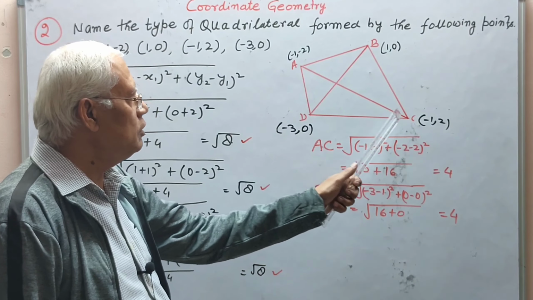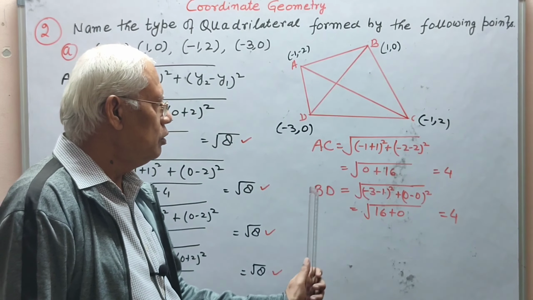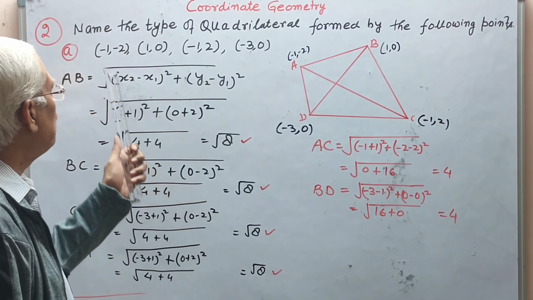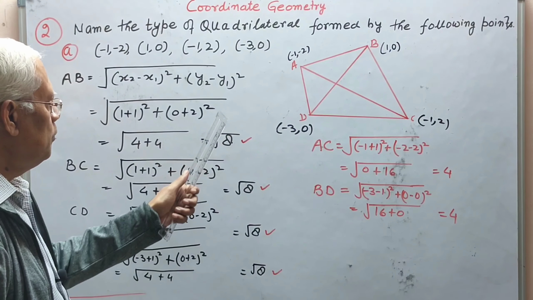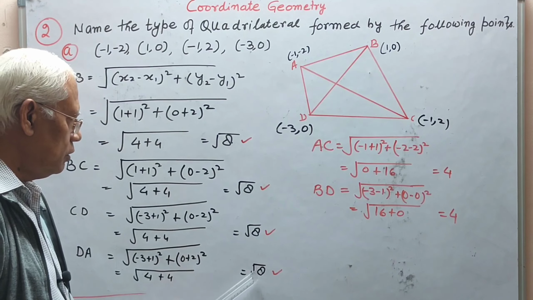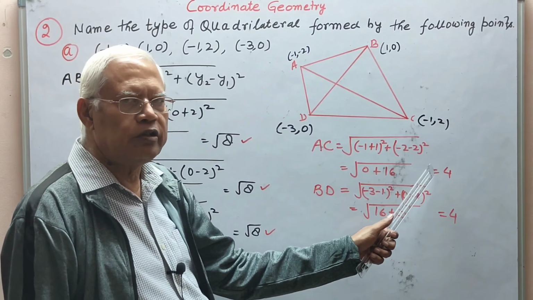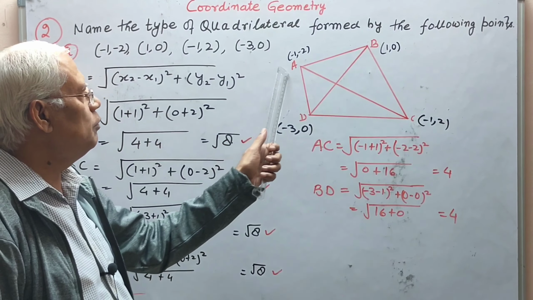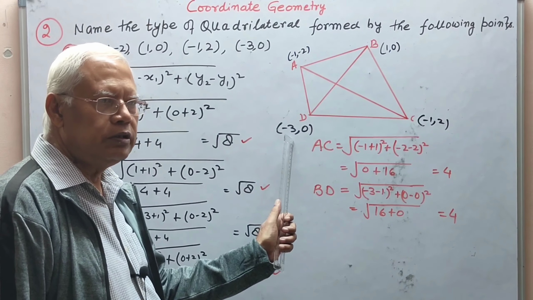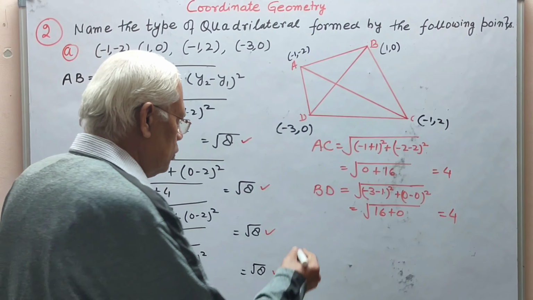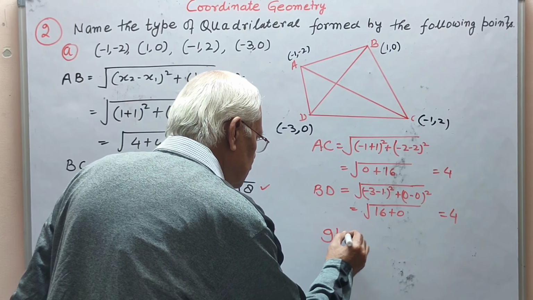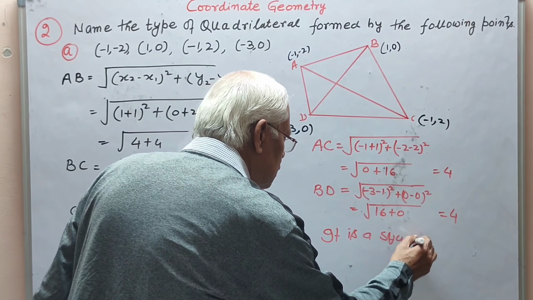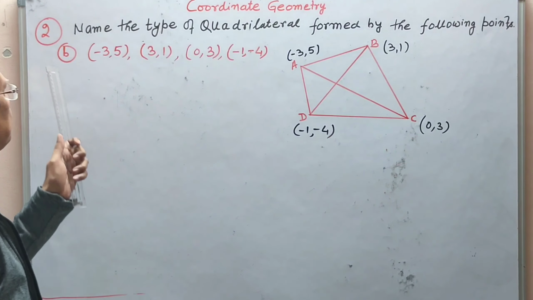So length of diagonal AC is equal to 4 and BD equal to 4. Thus, this quadrilateral formed by these points has all four sides equal and diagonals are also equal. So the quadrilateral formed by the given points is a square. So you can write it here: it is a square.